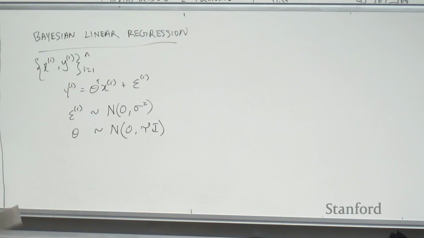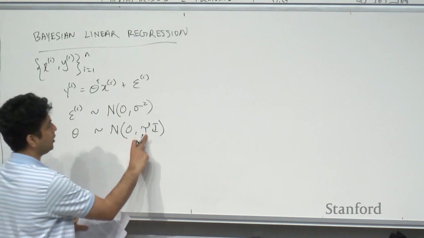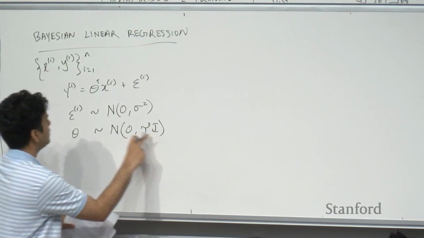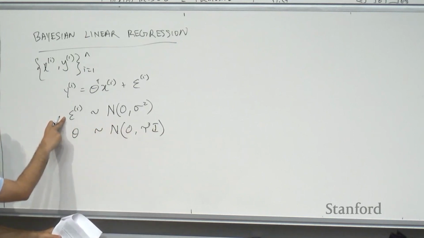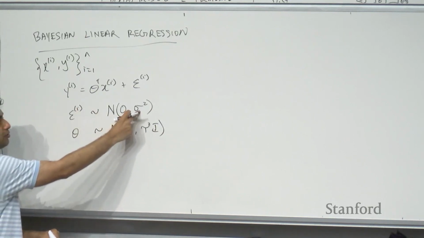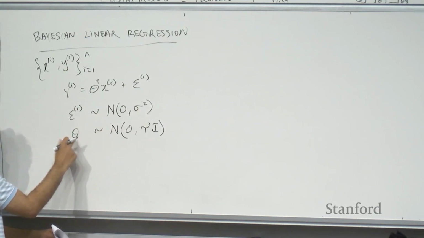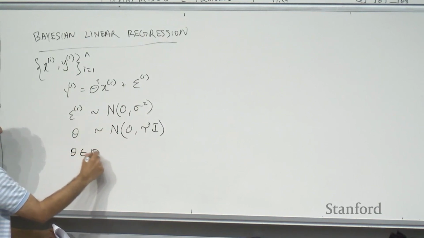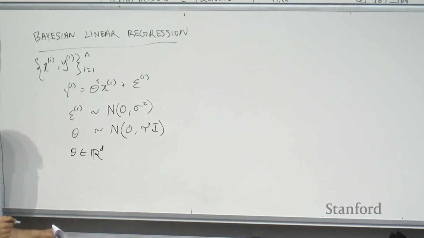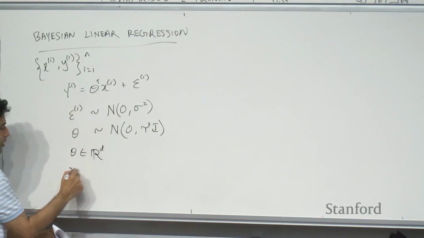Good question. So what is tau square I? In this case, each epsilon i was a scalar, so sigma square was a scalar. Over here, theta is in Rd, and x is also in Rd.